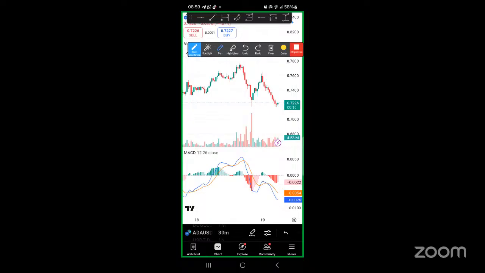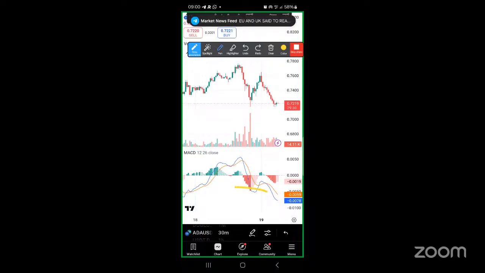I repeat one more time: whenever the blue line crosses the orange line going up, that is a golden cross, and it indicates that the market is about to go up. Give me a yes if you understand what I'm saying.